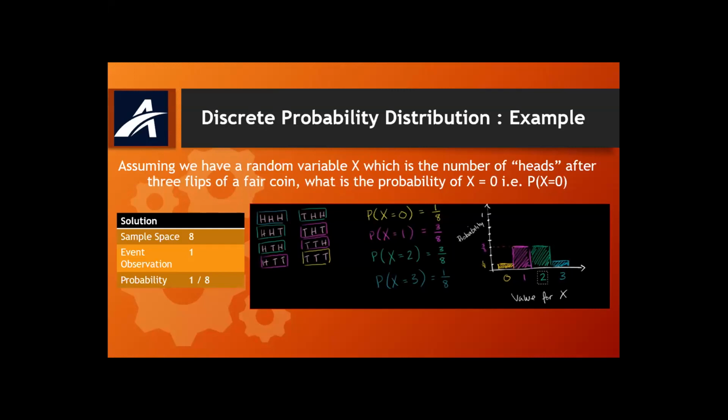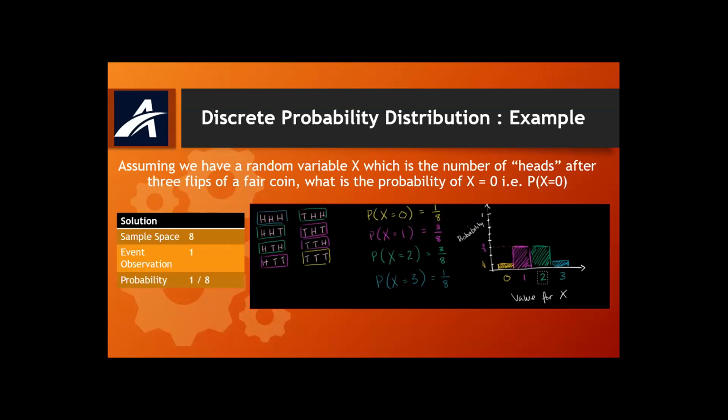And I just gave you an explanation, and that is what you're looking at in the slide. Assuming we have random variable x, which is the number of heads after 3 flips of a fair coin. What is the probability of x equals 0? Meaning, we won't get any heads. So we are storing the number of heads in a random variable called x.